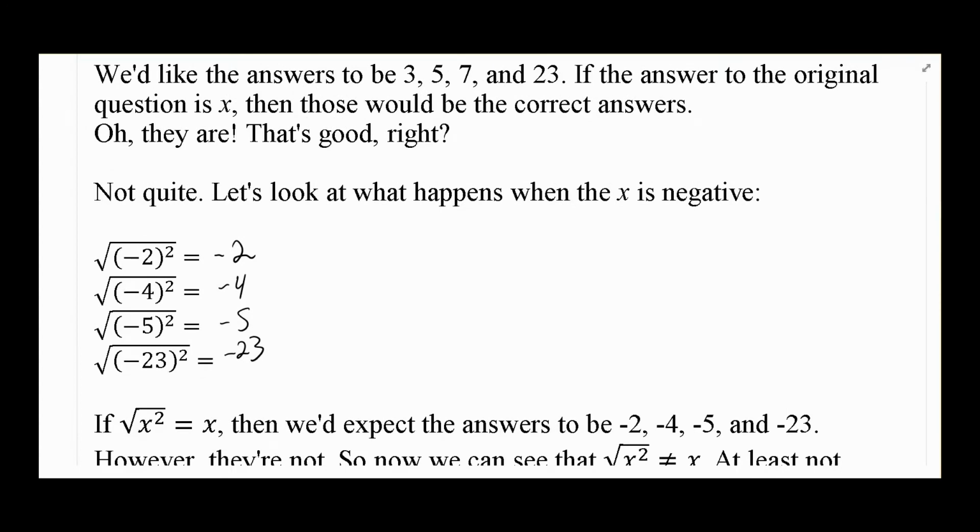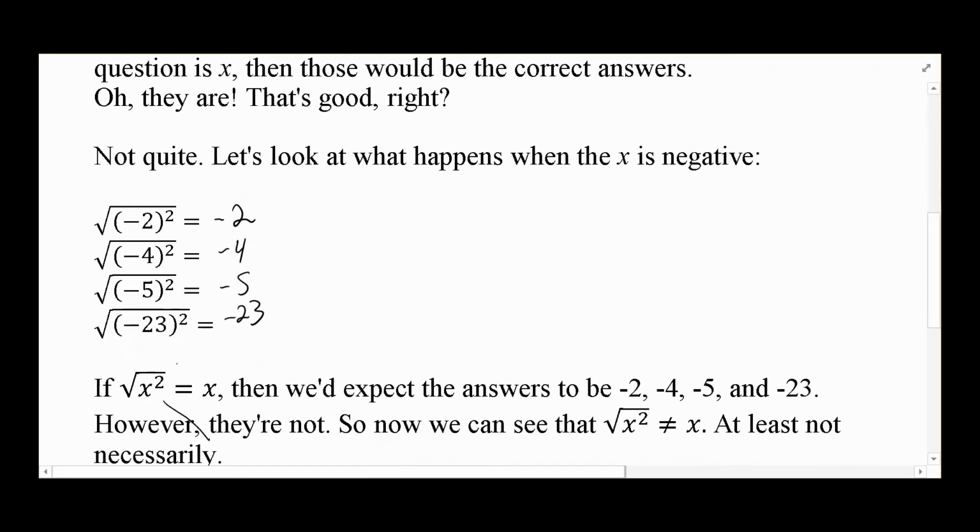But that can't be the answer. Because I'm taking a square root of something, I know that the answer to a square root needs to be positive. So those can't be the answers, which tells me it isn't true that the square root of x squared is x.